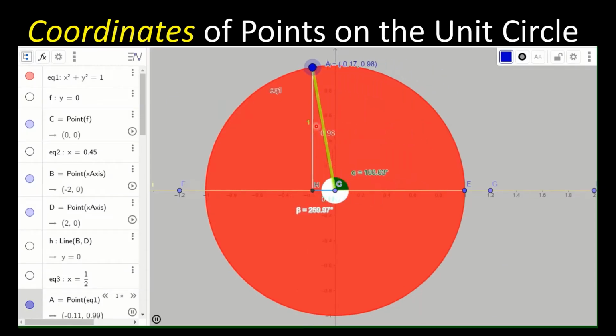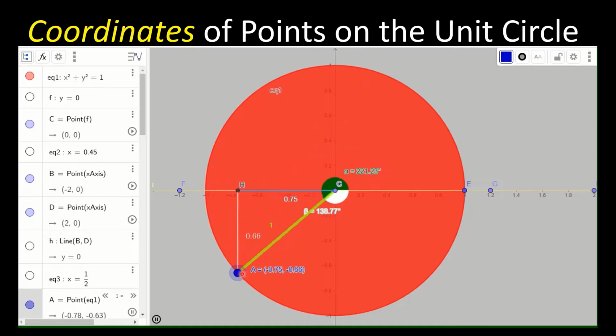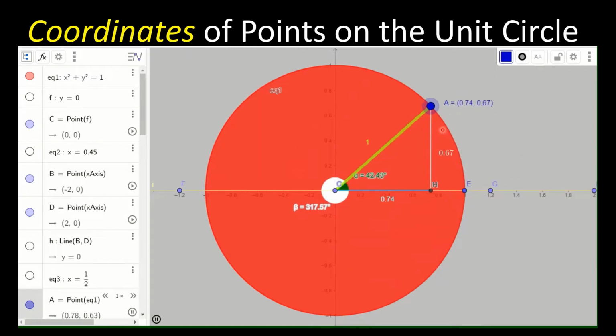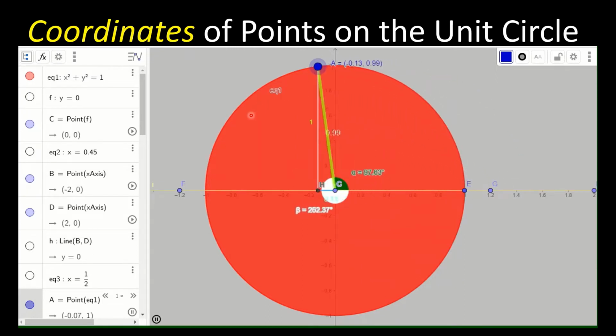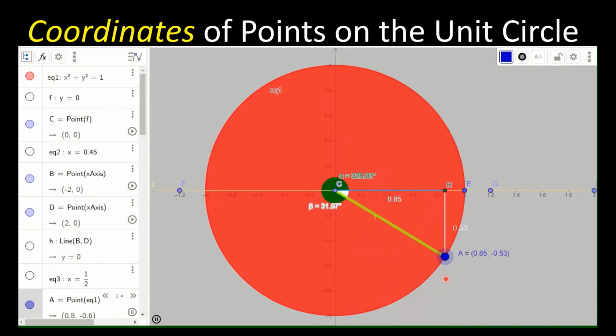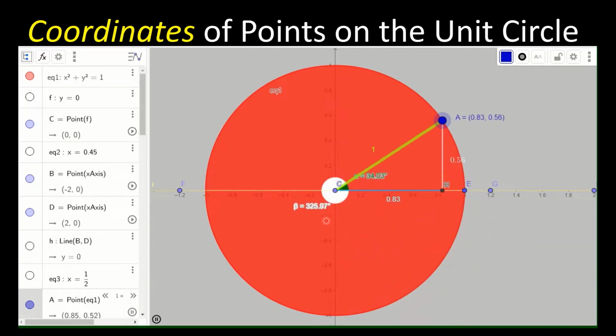This is an animation illustrating the changes happening to point A as it moves from quadrant 1 to quadrant 4, recognizing the signs: positive, positive for quadrant 1; negative, positive for quadrant 2; negative, negative for quadrant 3; and positive, negative for quadrant 4. You also observe here changes on the angles.